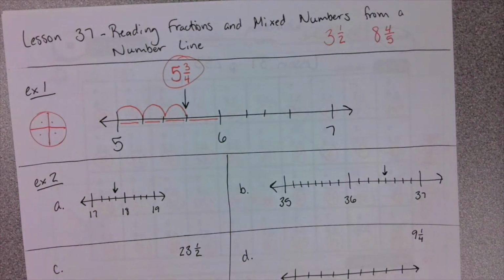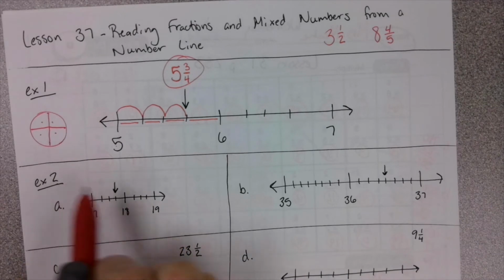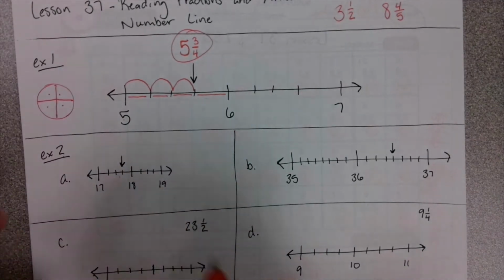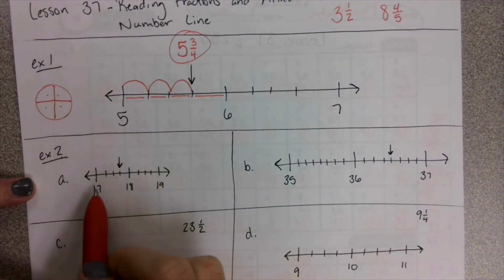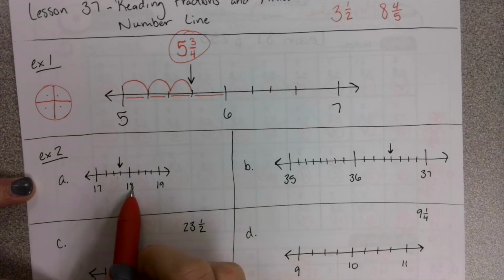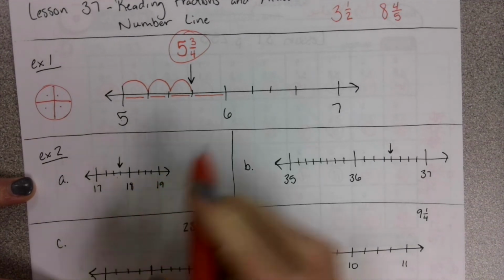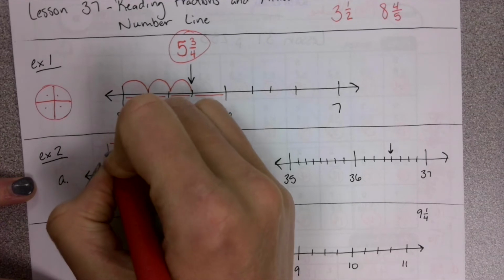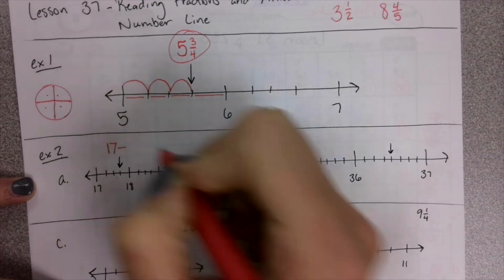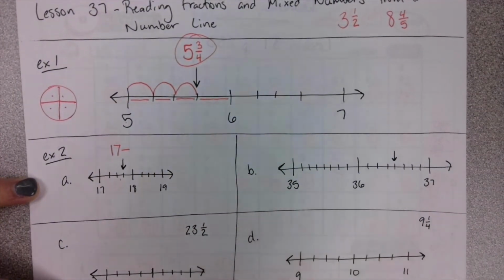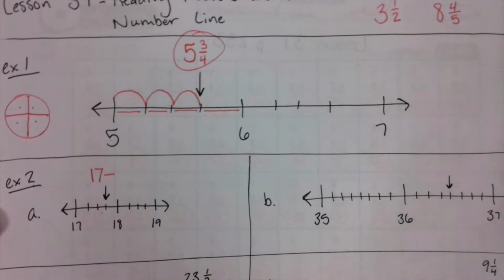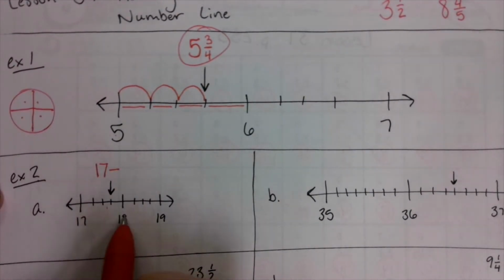All right? Let's try it again with example 2. We'll start with letter A. First, let's determine our whole number. We're between 17 and 18, so we know we have to use 17 because it's not quite to 18 yet. Then I'm going to count my spaces between 17 and 18, right?